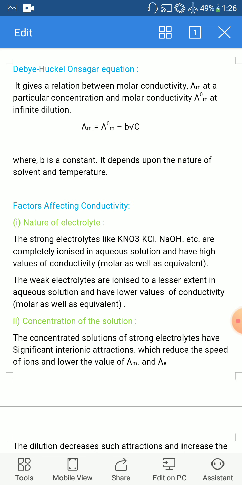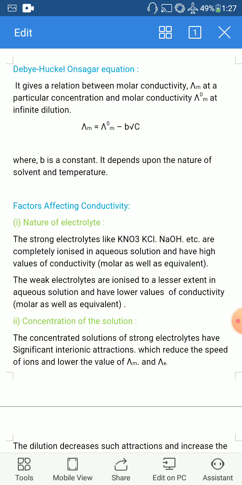Strong electrolytes like KNO3, KCl, NaOH, etc., are completely ionized in aqueous solution and have a high value of conductivity, molar as well as equivalent conductivity, because strong electrolytes are completely ionized in aqueous solution, producing a very high number of ions, positively charged and negatively charged ions.